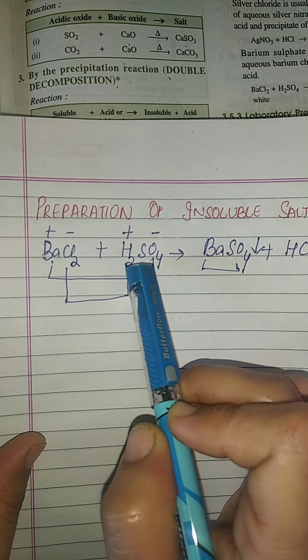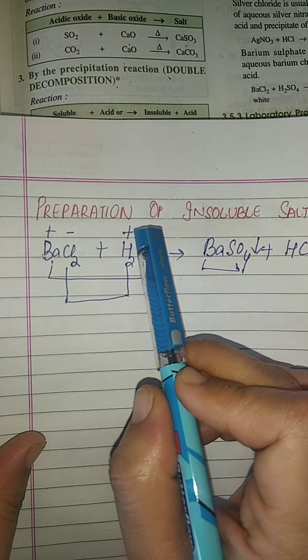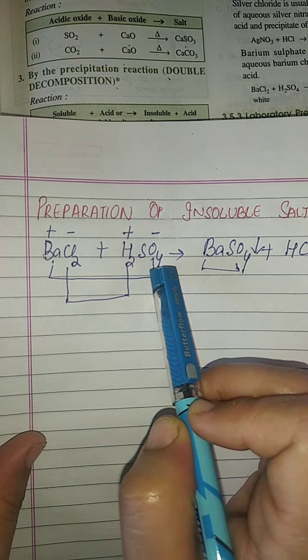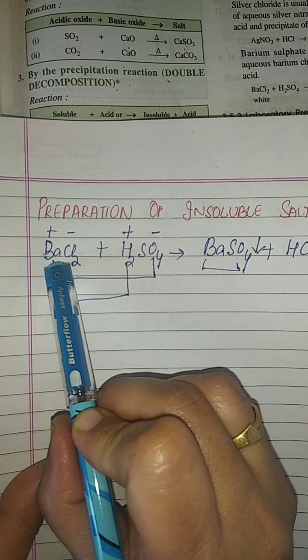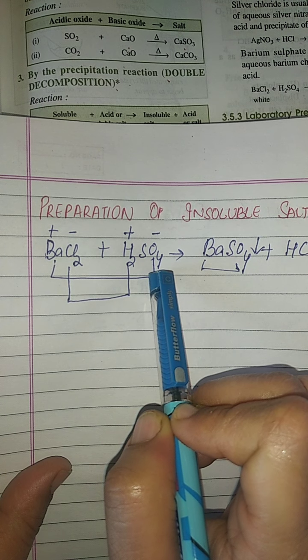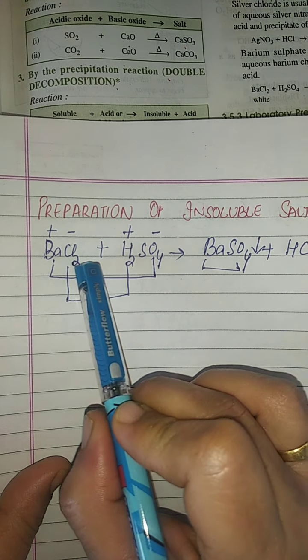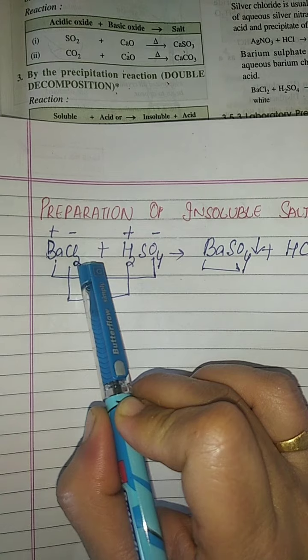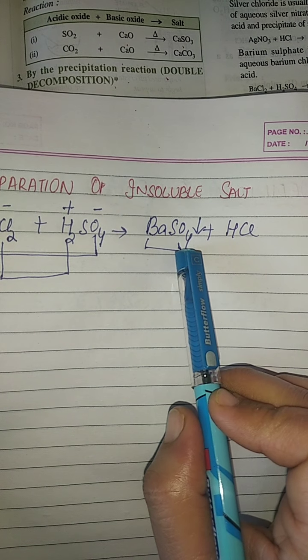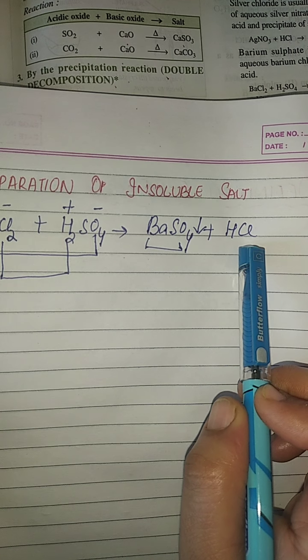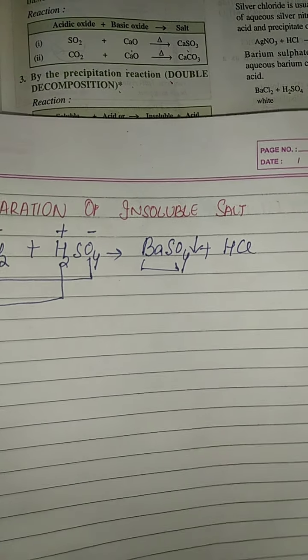When it combines with H2SO4 containing positive hydrogen and sulfate as negatively charged, positive of the first one will combine with negative of the second, and negative of the first will combine with positive of the second, forming white precipitate of barium sulfate along with hydrogen chloride.